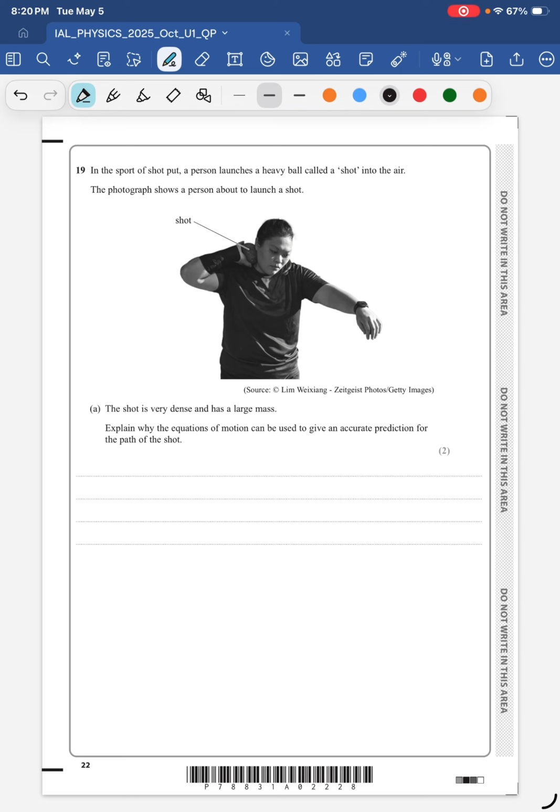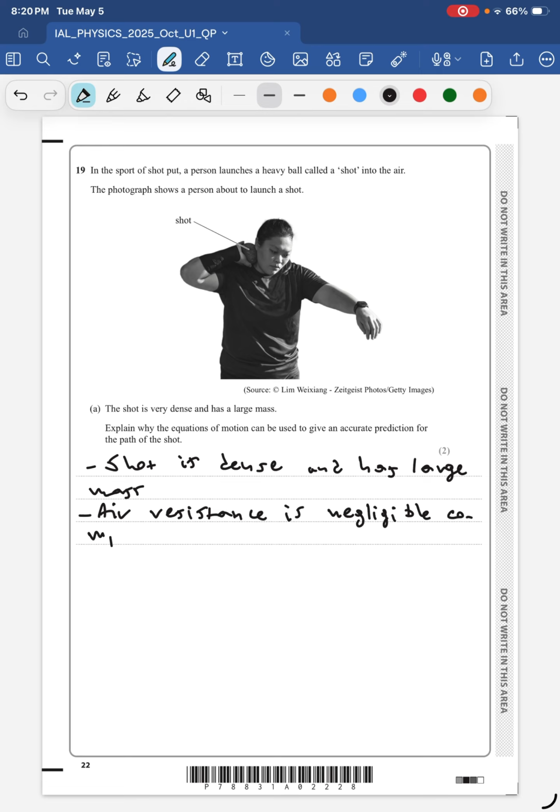So the shot is dense and has large mass. Okay. So the air resistance is negligible compared to the weight. Okay.